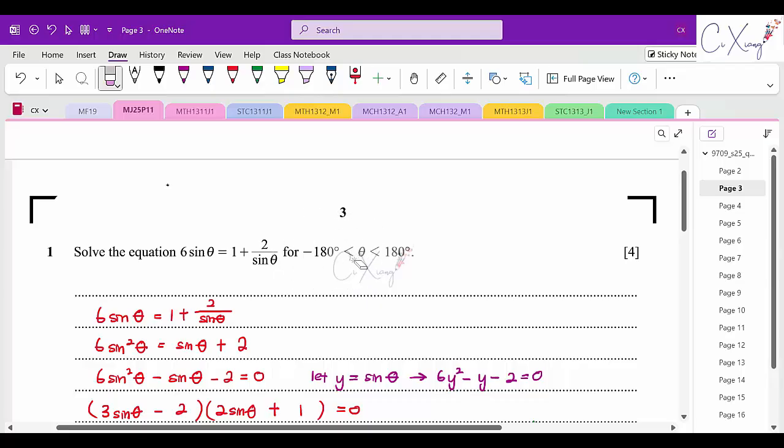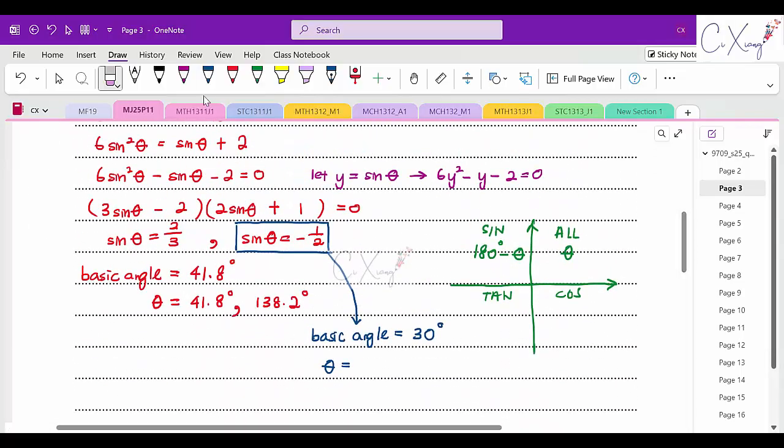That means you need to consider the angle in the clockwise direction. So you have to start from the fourth quadrant first, followed by the third one. For the fourth quadrant, the answer is negative basic angle. Then for the third quadrant, it should be negative 180 plus the basic angle.